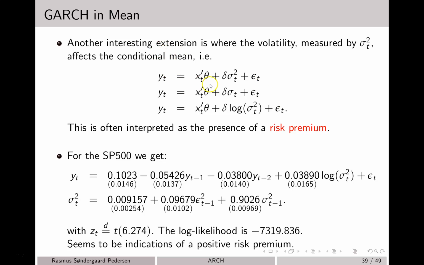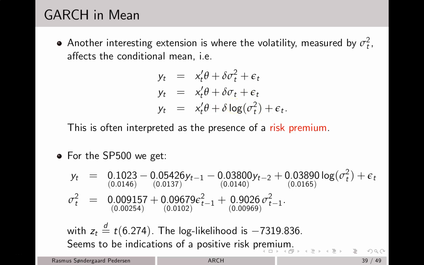So here, in addition to the usual x_t prime theta term in the conditional mean equation, we could have a term here with delta times sigma t squared. We could also have the conditional standard deviation instead, or the log of the conditional variance if we want to do that.